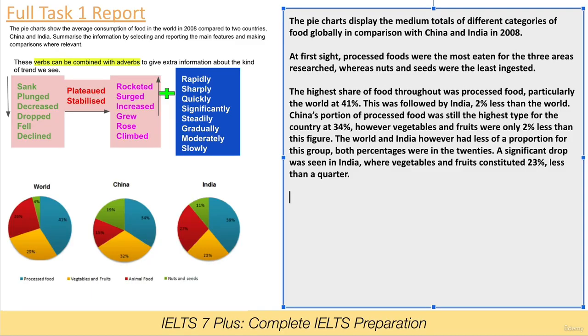We've reported back, we're pulling the data here. So now let's go into our second group, which is going to be animal food and nuts and seeds.